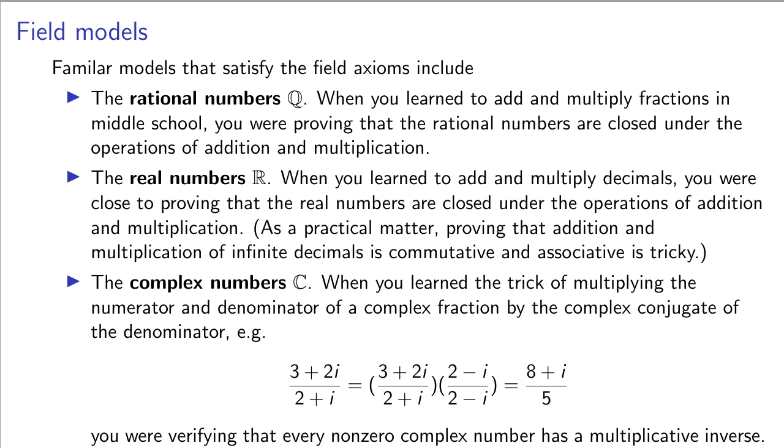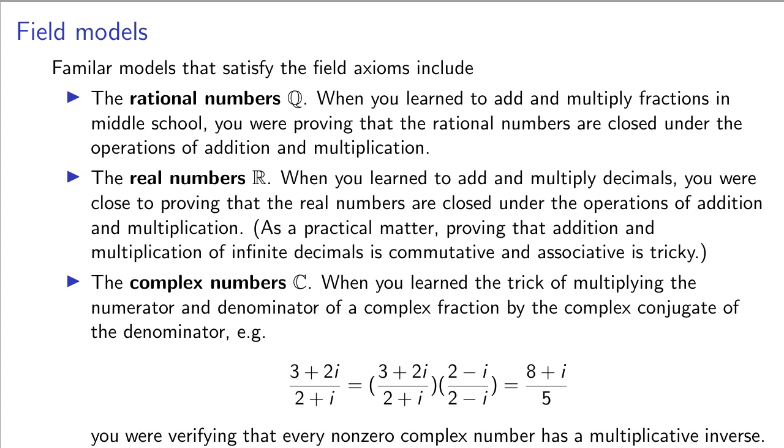Finally, in 8th or 9th grade, you learned about the complex numbers. And one of the things about complex numbers that almost everyone remembers is that if you have a complex number in the denominator, like this 2 plus i, and you don't want it in the denominator, you take the complex number with the 2 plus i in the denominator and multiply by 1 in the form of the complex conjugate divided by itself.